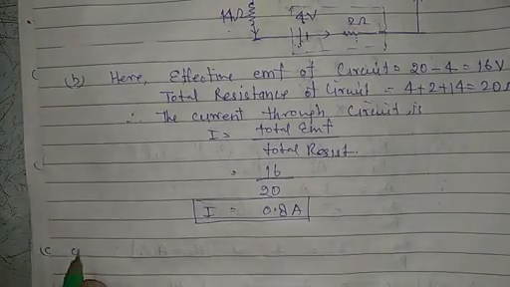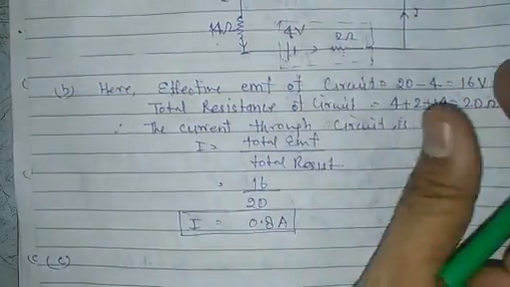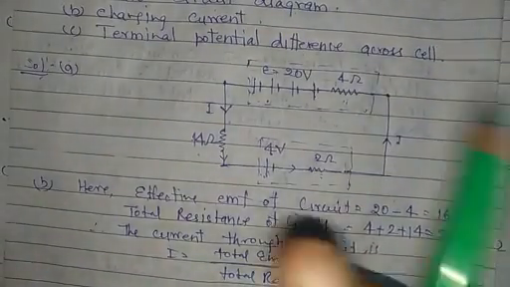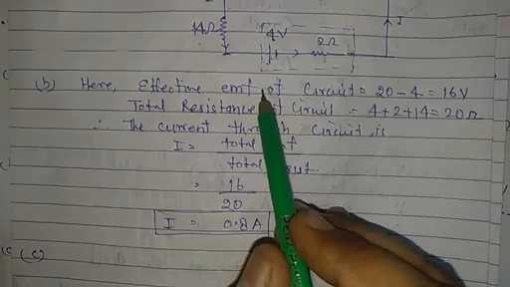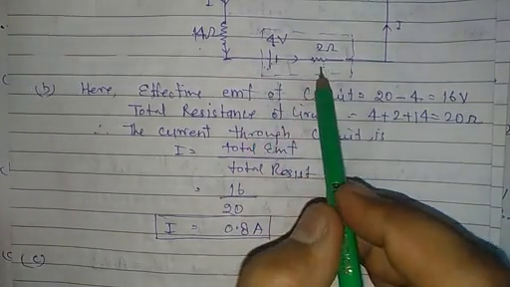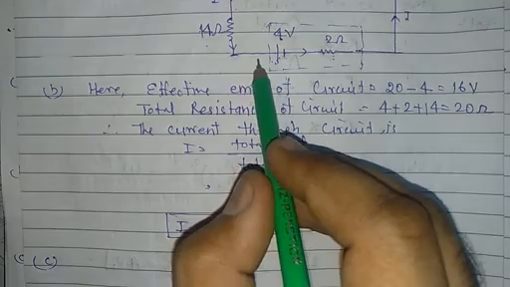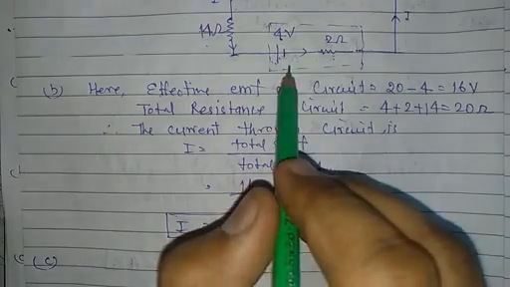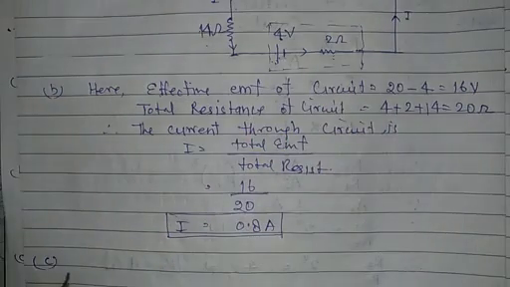Now for the third part, we need to calculate the terminal potential difference across cell. So for the terminal potential difference, since the cell is being charged, therefore the current is flowing into the cell.